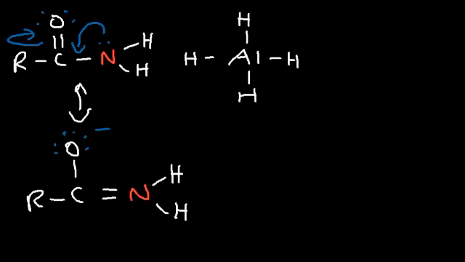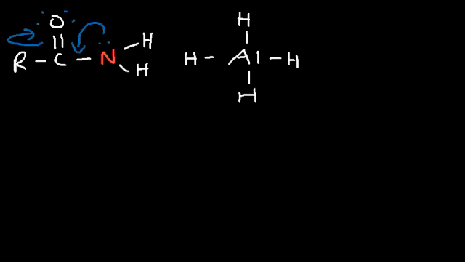Whenever nitrogen has 4 bonds, it has a positive formal charge. And whenever a hydrogen atom is attached to another atom that has a positive charge, that hydrogen atom is more acidic, which means that these hydrogen atoms are relatively acidic. And so the hydride ion is going to act as a base before it acts as a nucleophile.